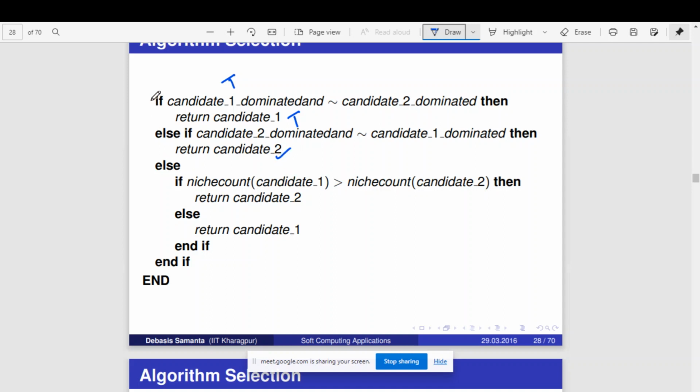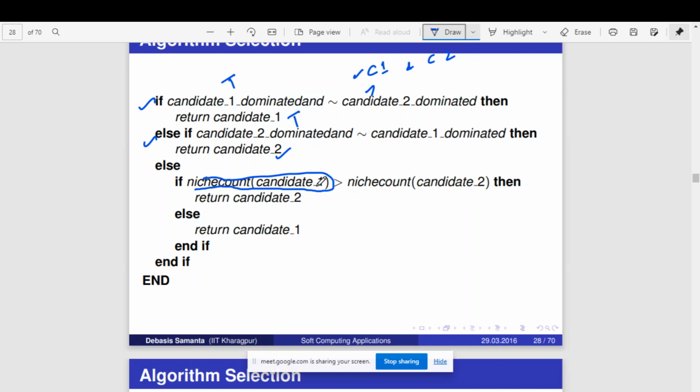If these two conditions were not satisfied, then what does it mean? Either both are dominated or both are not dominated. In that case, we have to calculate the niche count for C1 and for C2.